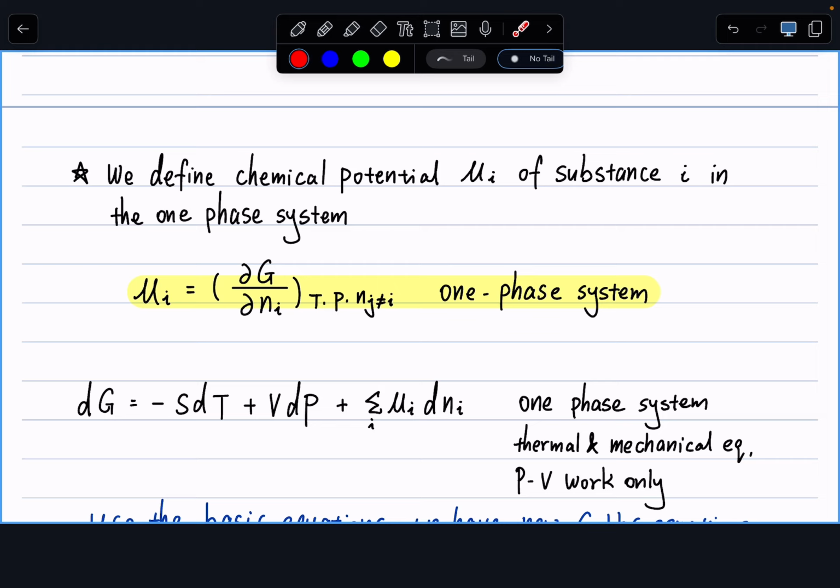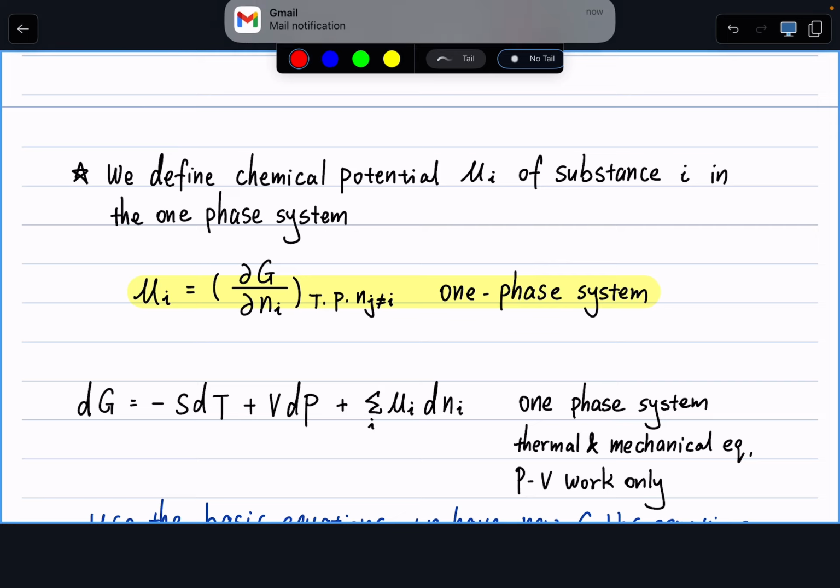For a one-phase system, now we're not talking about different phases right now. Or the other way to put it is, back to our Gibbs equation, what we have found out is, in addition to the original form, we're adding this chemical potential term into our Gibbs equation for the dG. That's our derivation.